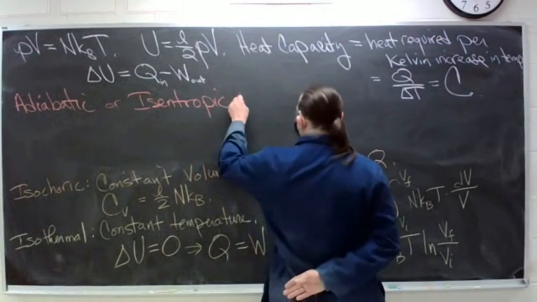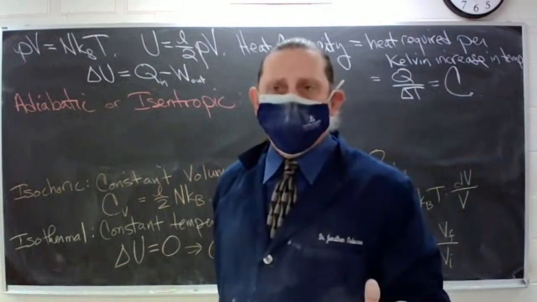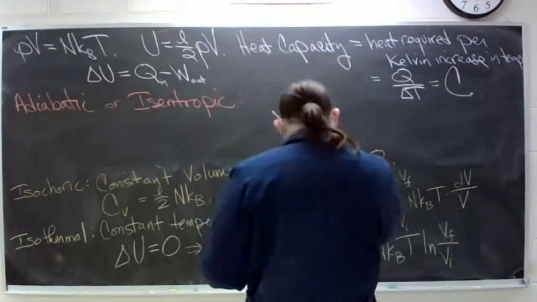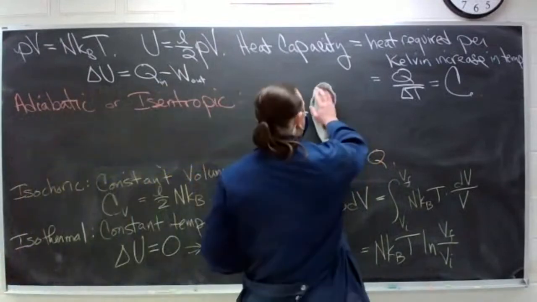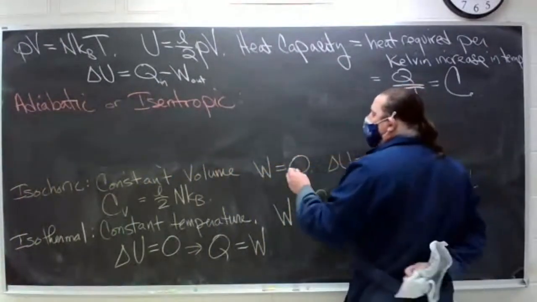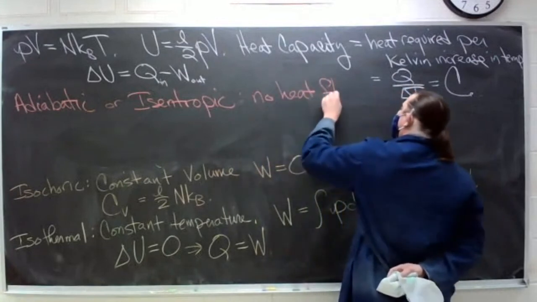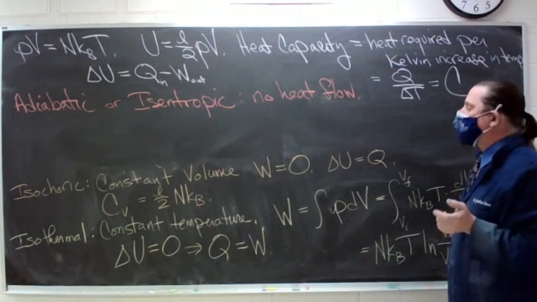Now, we don't know what entropy is yet, so I'm not going to view it from that perspective right now. Instead, I'm just going to focus on it being a process with no heat. No heat flow.